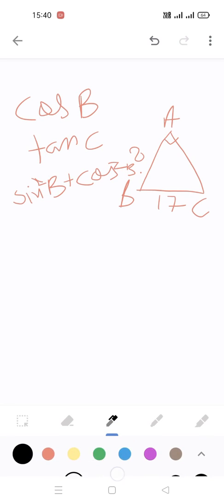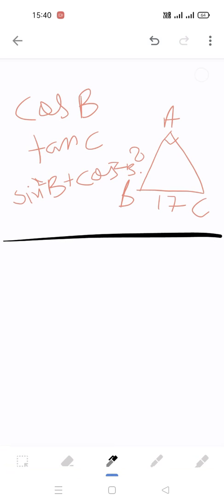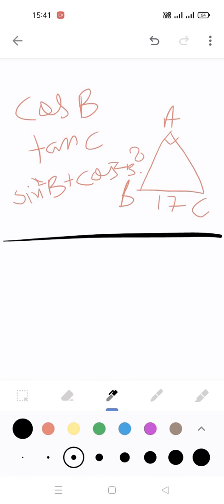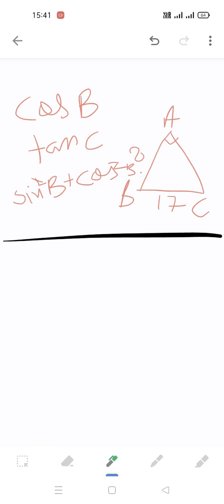So let's do the solution. First of all, let's apply the Pythagoras theorem, that is BC square is equal to AB square plus AC square. AB is the perpendicular, right?